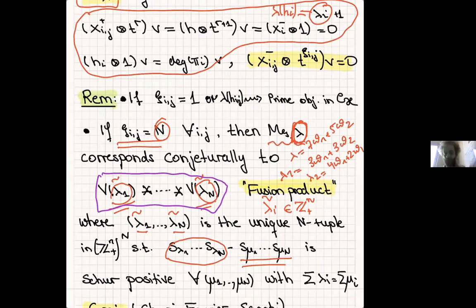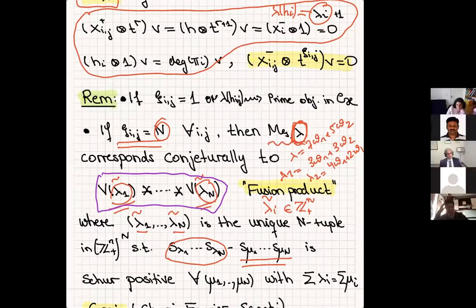And actually, may I ask one more question? You have this lambda, and is there some kind of connection between the modules corresponding to lambda, mu, and lambda plus mu?